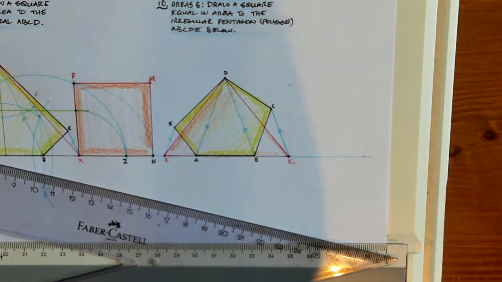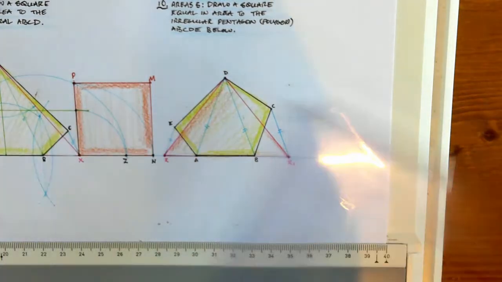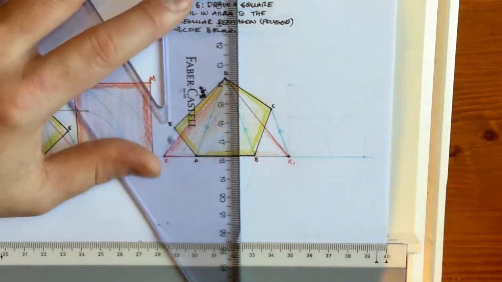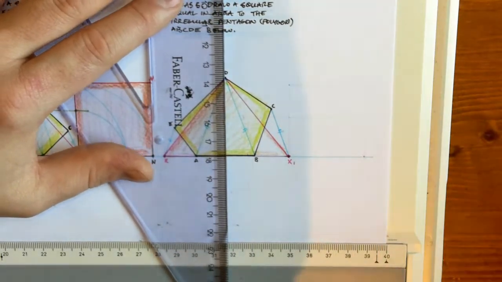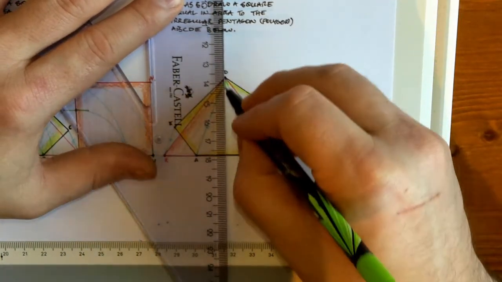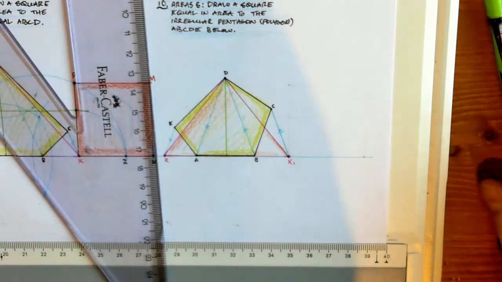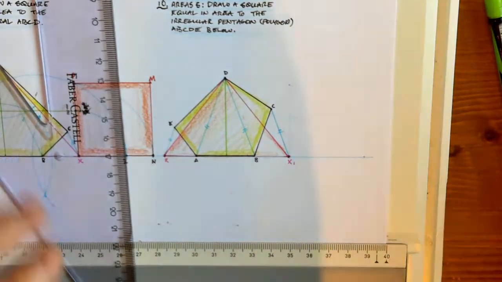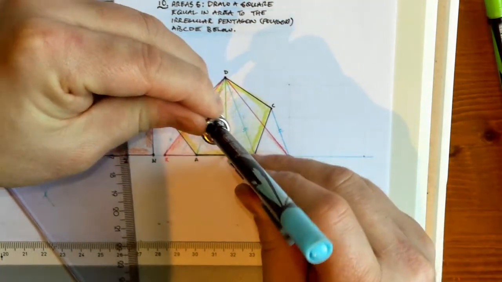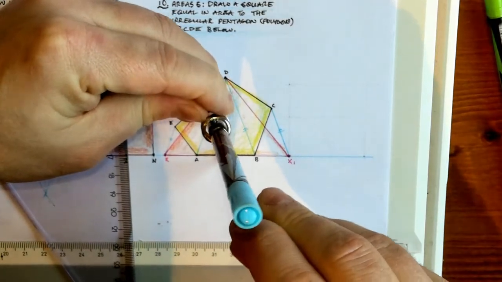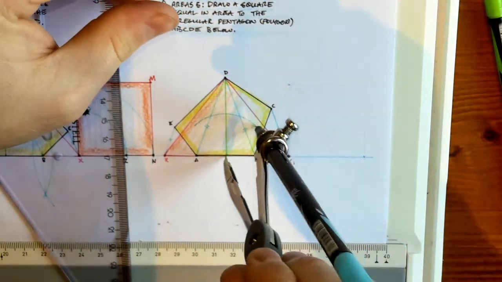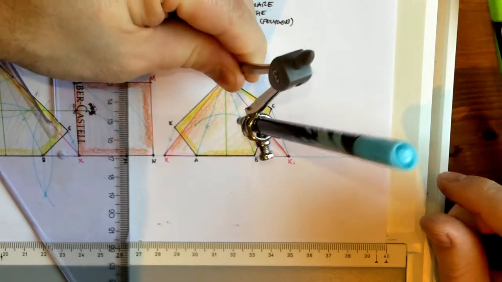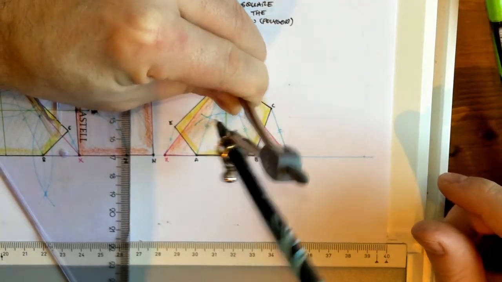Now, triangle to rectangle. So what do we do? Well, getting very repetitive now, isn't it? So, we drop the vertical line down from point D, which is the top of the triangle. We bisect it. Get your compass. And we bisect. Keep the same distance. Go to point D and bisect.